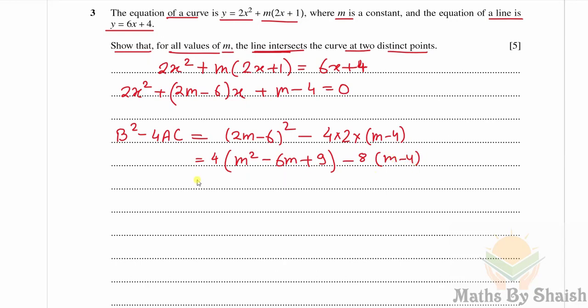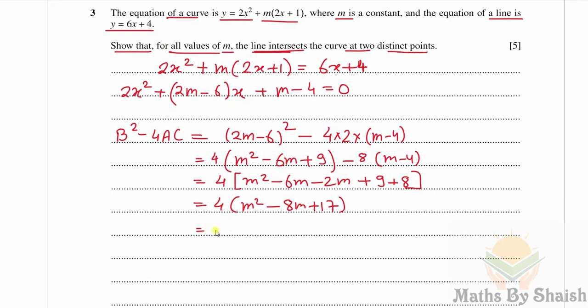So I'll take 4 common again, and we're left with m squared minus 6m plus 9, and from here 2 fours are 8, so plus 8. So we are left with 4 times (m squared minus 8m plus 17).